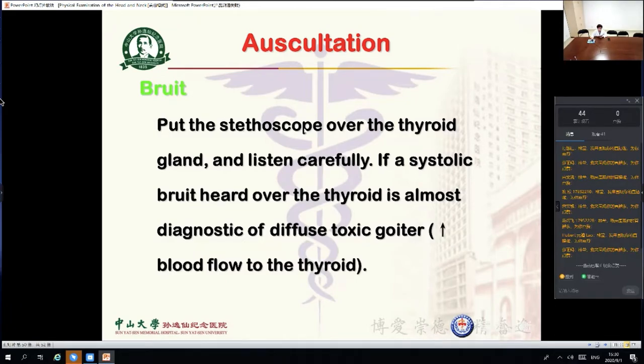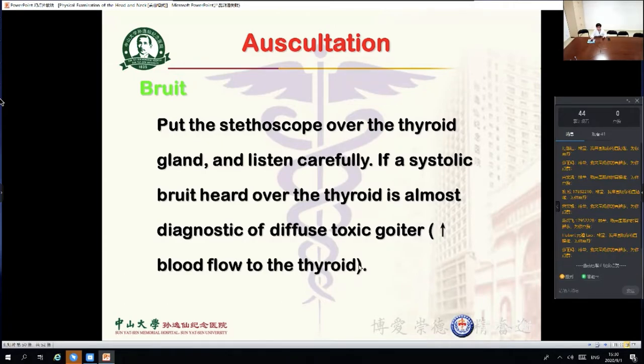Put your stethoscope over the thyroid gland and listen carefully. If a systolic murmur is heard over the thyroid, it's almost diagnostic of a diffuse toxic goiter, which means 弥漫性甲状腺肿. This is because of the increased blood flow to the thyroid gland.